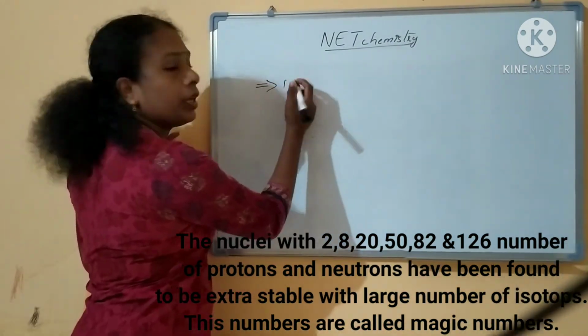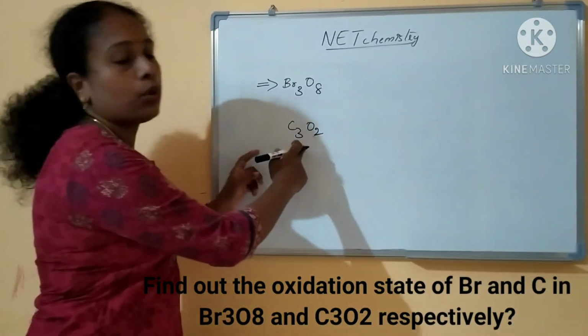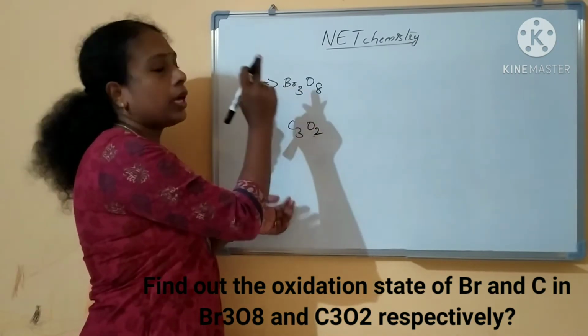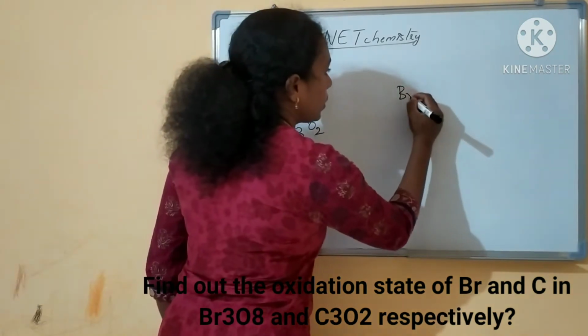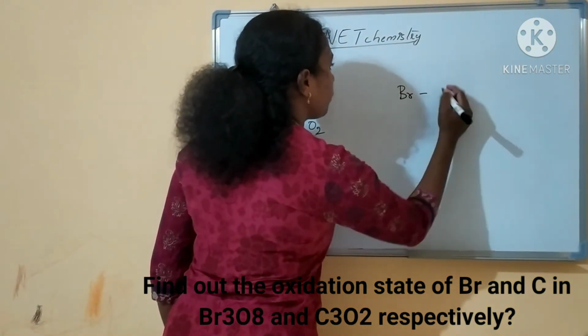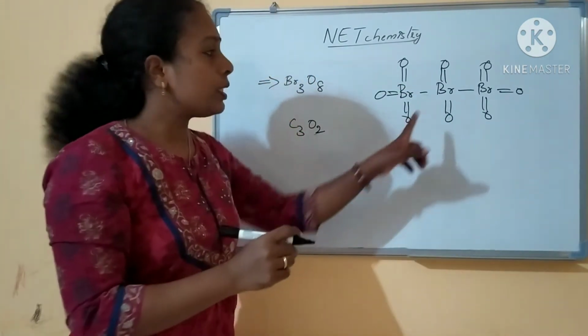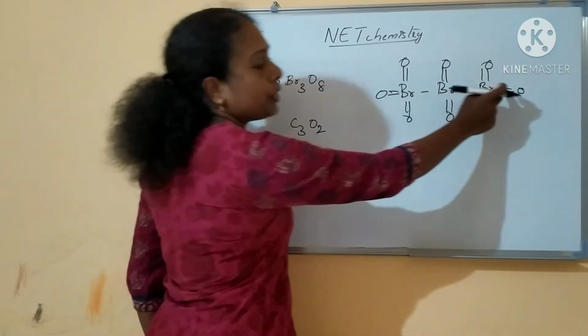Next question is how to find the oxidation state of carbon in C3O2 and bromine in Br3O8. First you have to draw the structure. I am drawing the structure of Br3O8, right? What is the oxidation state of this corner bromine?